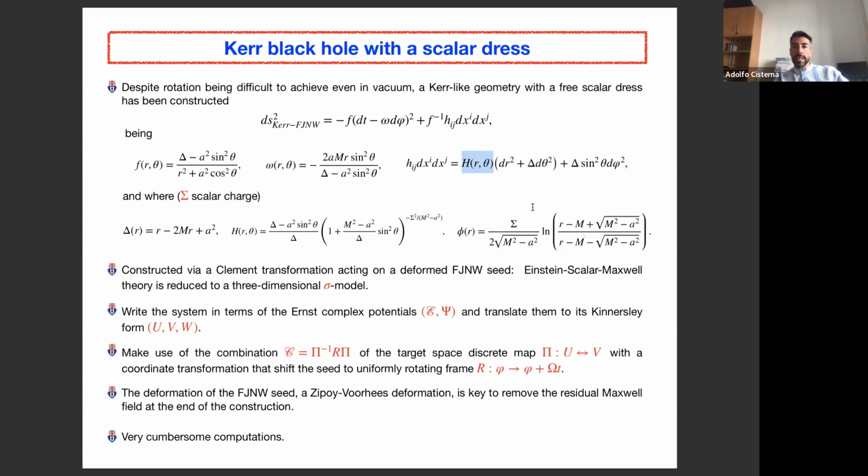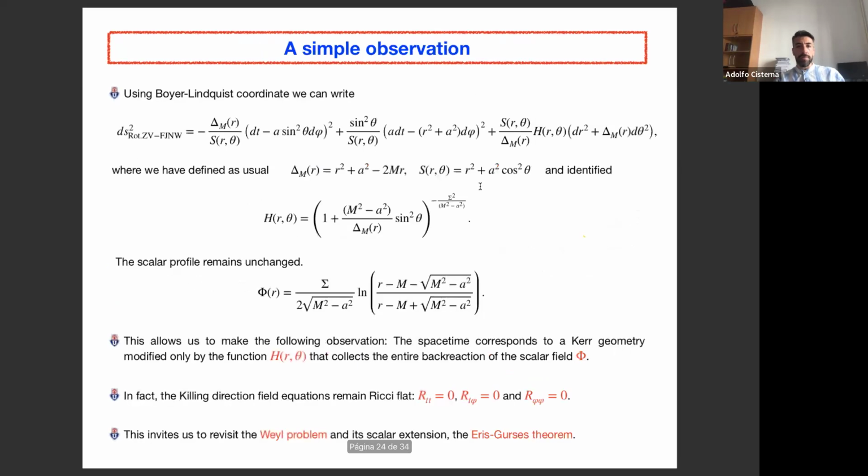So when you kill the scalar field, you send h to 1 and you recover Kerr. All the other functions, f and the rotation, without a scalar reduce to Kerr in Boyer-Lindquist coordinates. So there was an indication that the scalar field is only affecting this non-Killing sector of the metric, and we were investigating this.